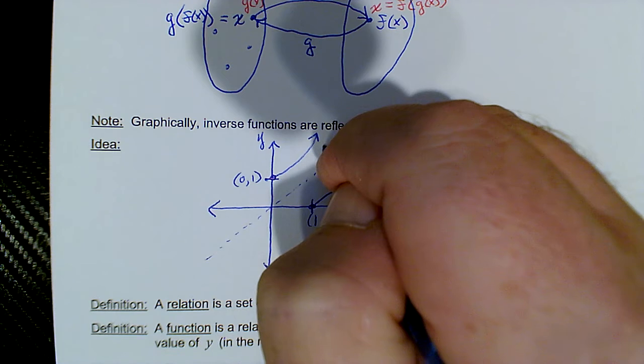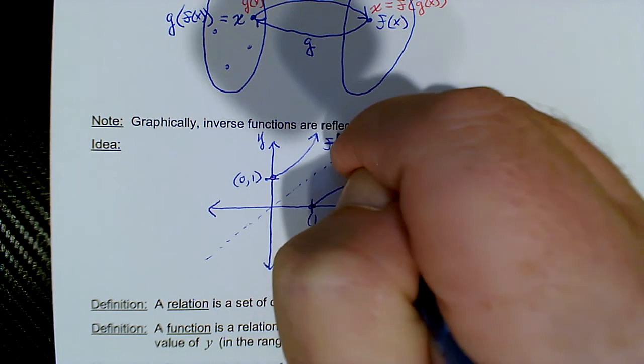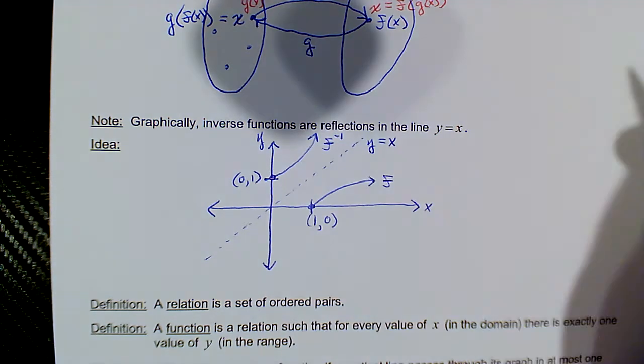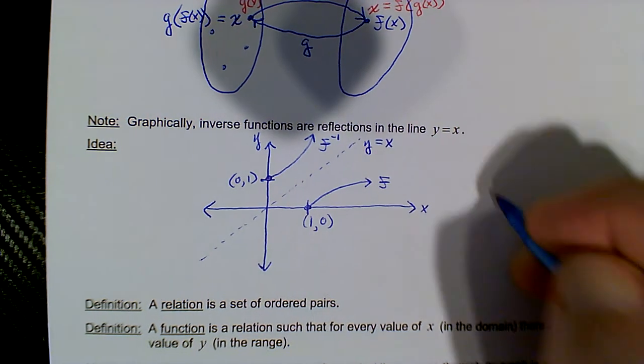Now we've been calling it G, but let's get used to this notation. I'm going to say F with a superscript of -1.